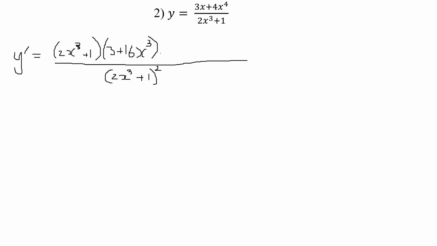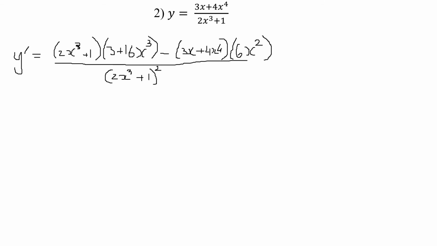And we subtract now the top function, which will be in this case 3x plus 4x to the 4th, and this time it stays just like that, we don't interfere with it. That is multiplied by the first derivative of the bottom, which in this case will simply be 6x squared.